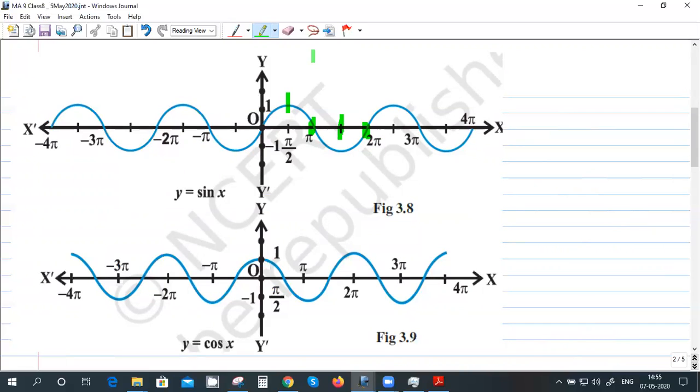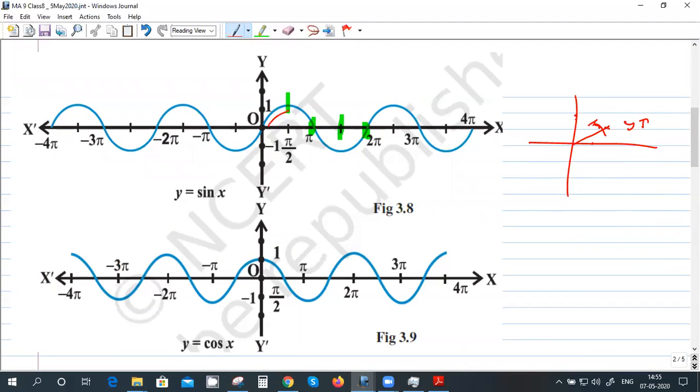I'll just draw the picture. The first quadrant, this is 0 and this is pi by 2, right? As this thing moves this way, y is increasing, right? Yes. Y is increasing, sin is increasing, because sin is y by r. So that's why from 0 to pi by 2, sin is increasing.